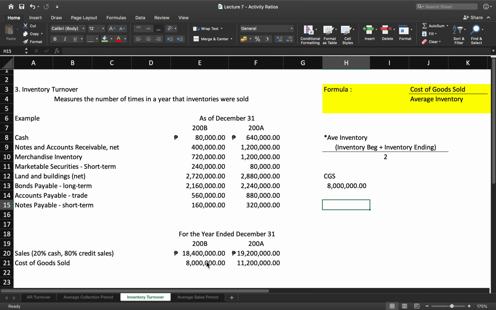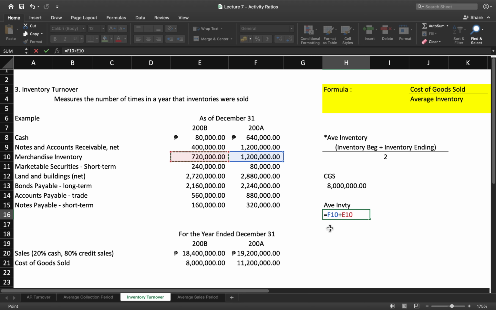And then, yung average inventory naman natin. Okay, so what is our average inventory? Inventory beginning, so ito, 2000A plus inventory ending, 2000B, 720,000. And then we just divide it by 2. That is how we average it.